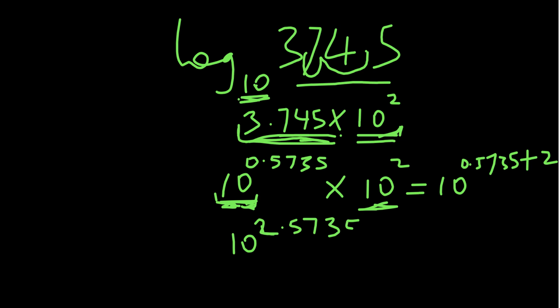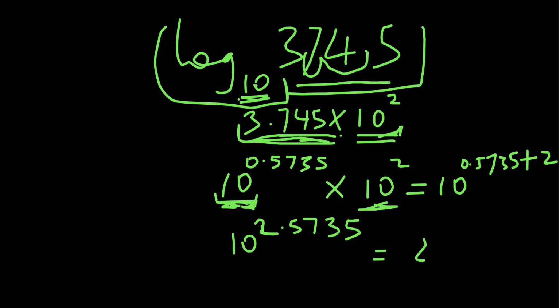So what this has told us is that log base 10 of 374.5 is equal to 2.5735. So what it means is that 10 must be raised to the power of 2.5735 to give you 374.5.